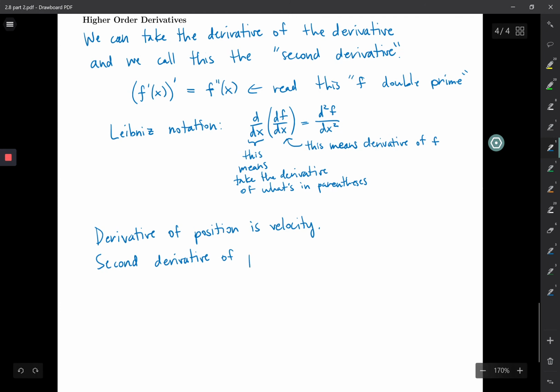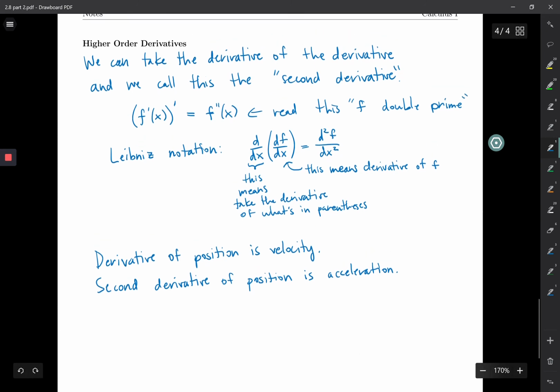The second derivative of position, which tells you how fast the velocity is changing, is the acceleration. Right? Okay, so these are really useful because we have a lot of intuition about velocity and acceleration. And so it can help to always keep those examples in mind to have a better idea of what these quantities are actually telling you, right?